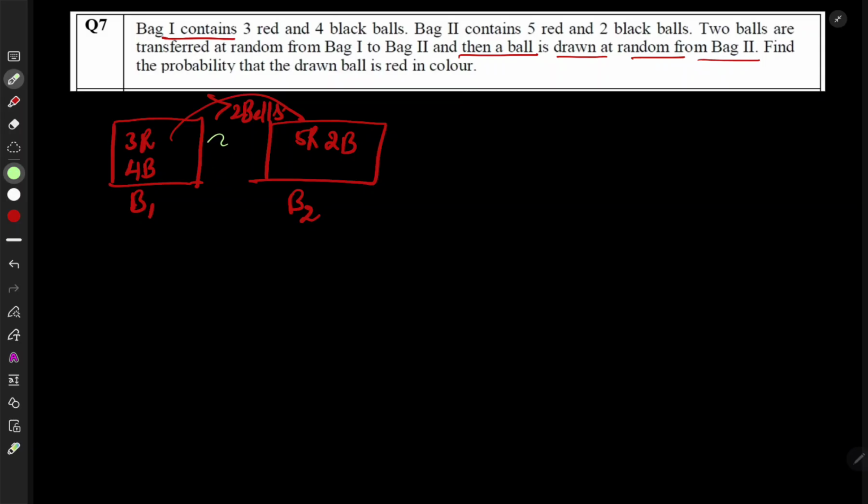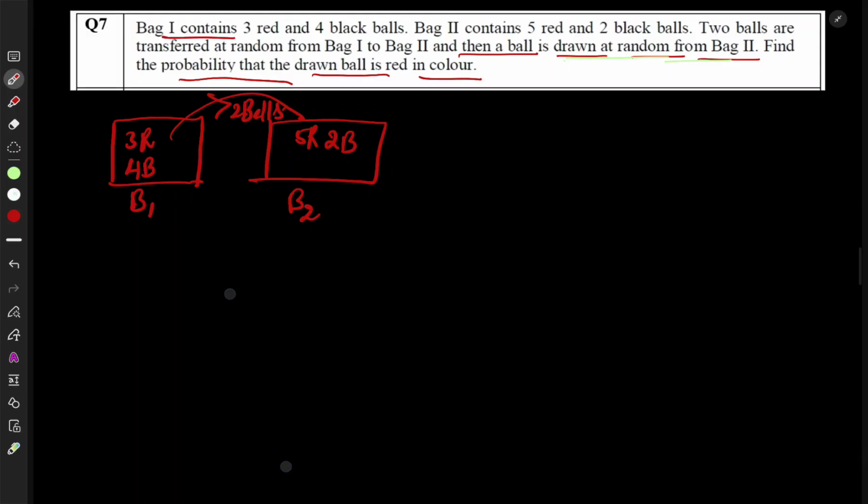After 2 balls are transferred, 1 ball is drawn at random from bag 2. Find the probability that the drawn ball is red in color. Okay, so you can see the things are happening and then it goes reverse.